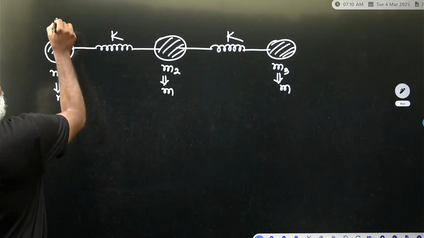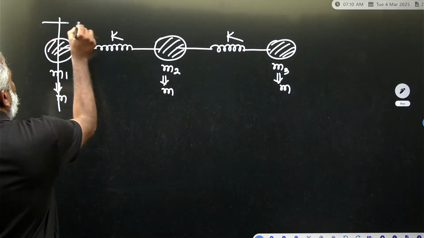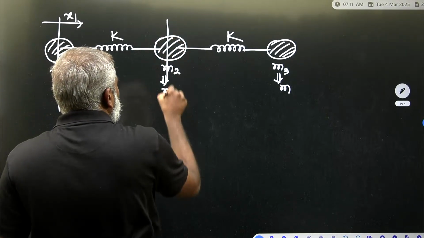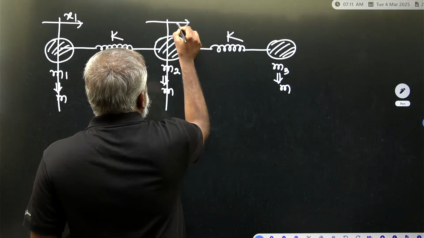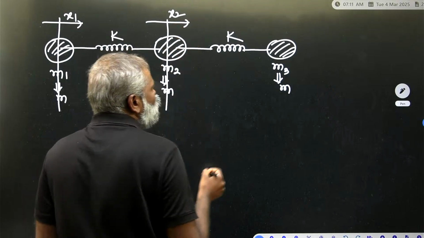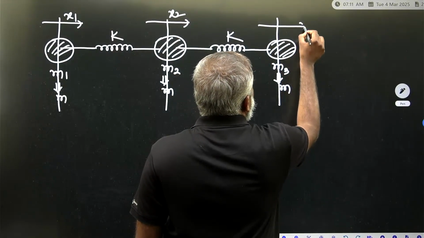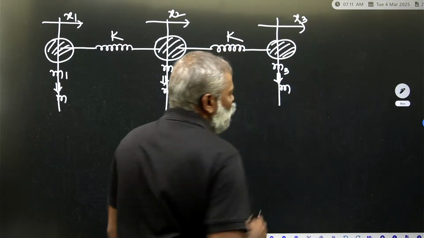Now m1 has horizontal displacement x1, m2 has x2, and the m3 particle has horizontal position x3. Clear?